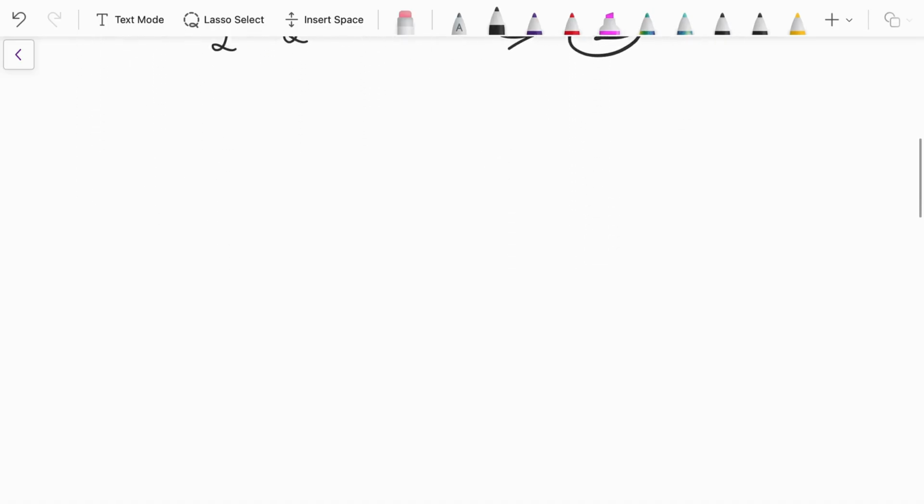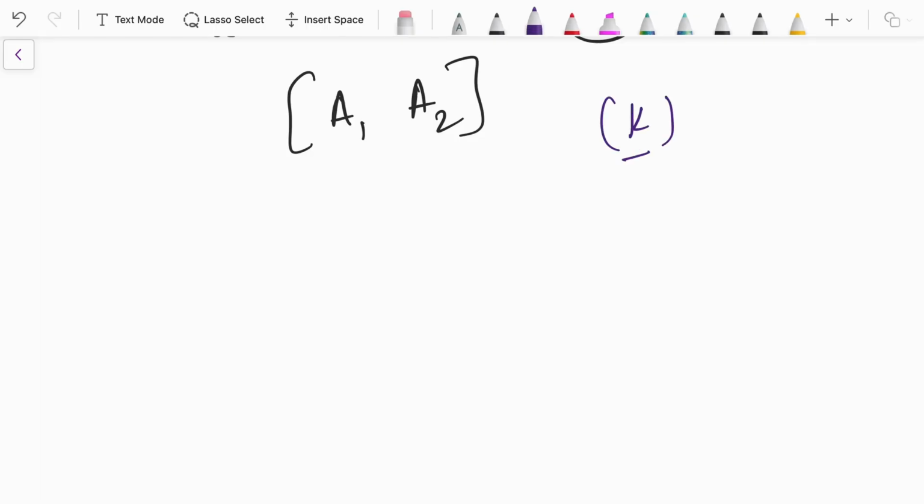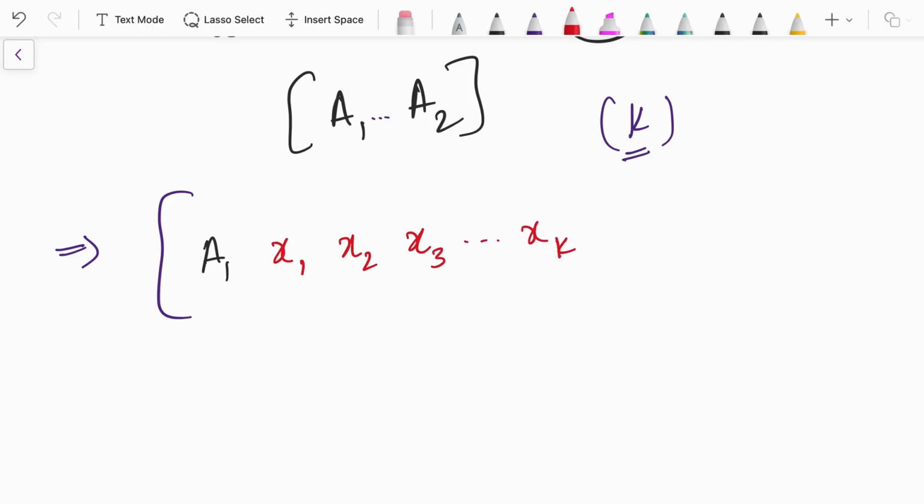Okay, to understand the solution, first let's take only 2 elements, that is A1 and A2, and to make this array an arithmetic progression, let's say we wanted to insert k elements in between the 2 elements. So the resulting final array that we have created will be A1 and all the new elements x1, x2, x3, so on until xk, because we only inserted k elements, and the remaining elements will be as it is.